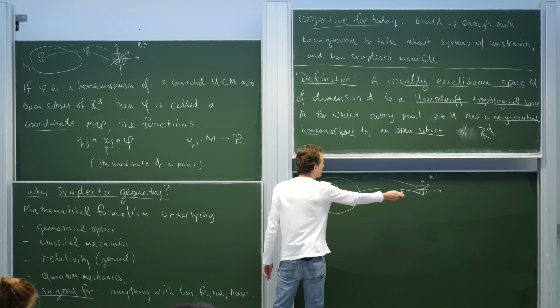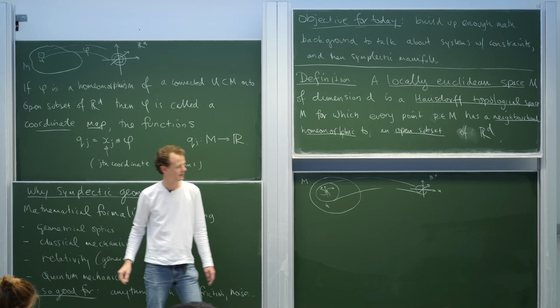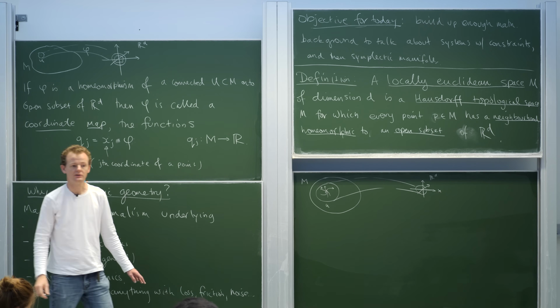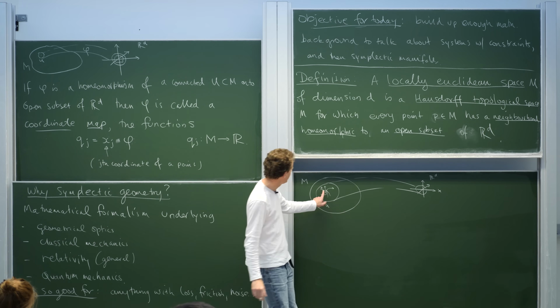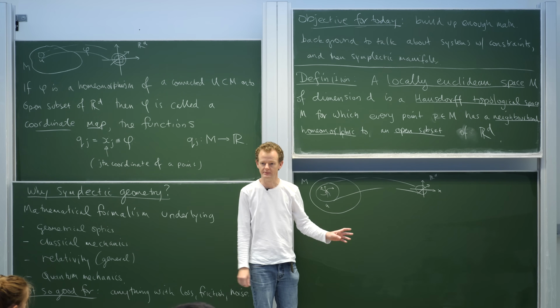And then the other axis here also gets distorted, and so you can find something that looks very much like a coordinate system here, but it's a curvy coordinate system.